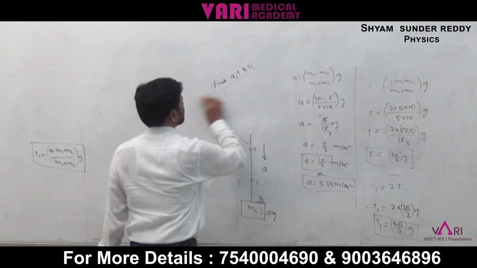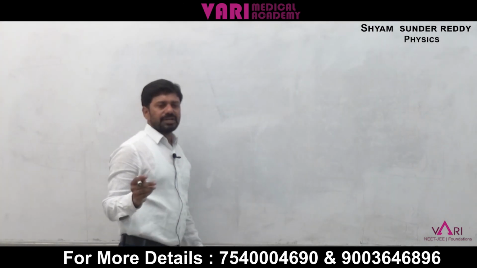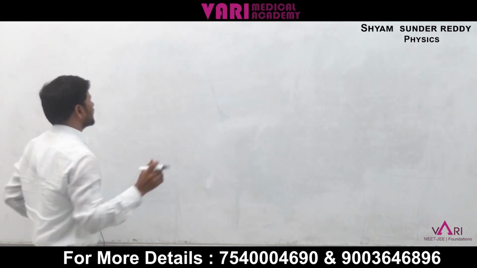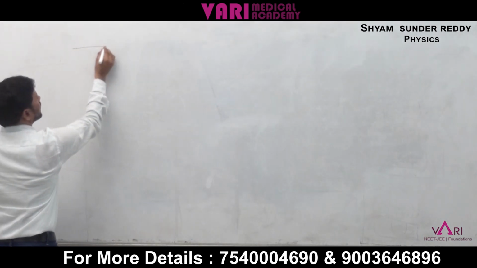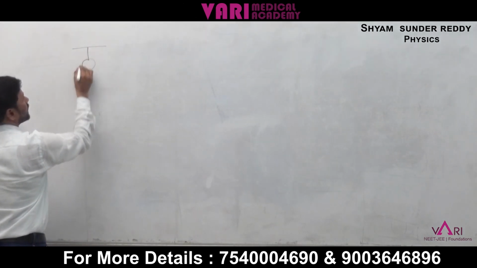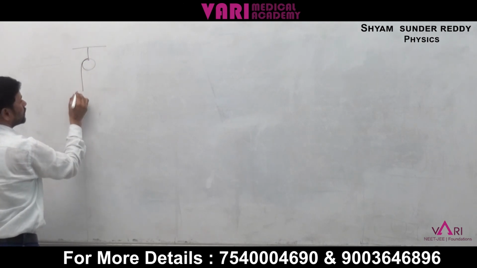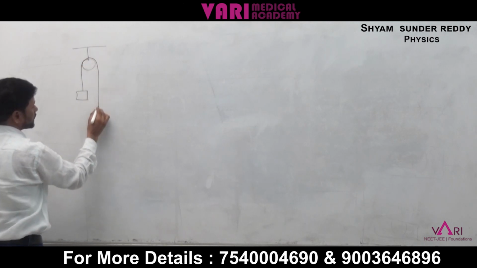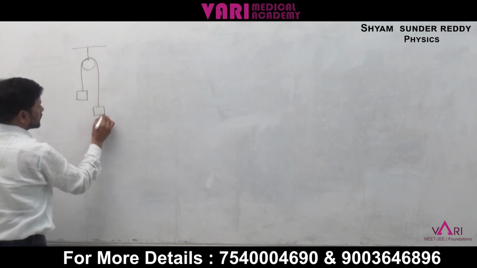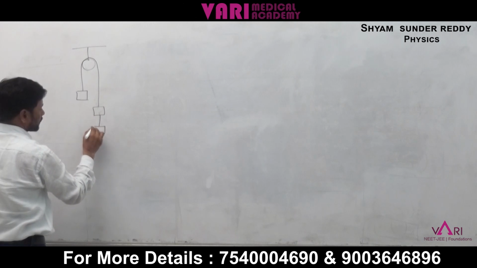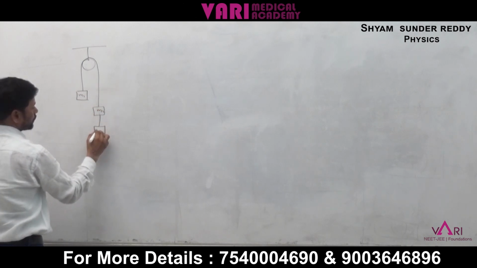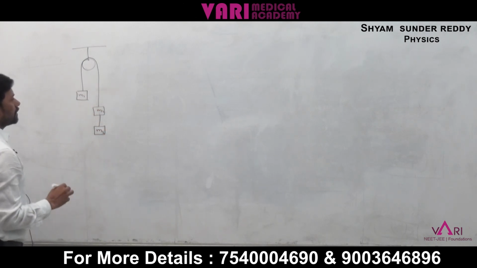Motion of connected bodies over a pulley. Take a pulley, and here one body is there and two more bodies hanging like this. This is M1, M2, M3.